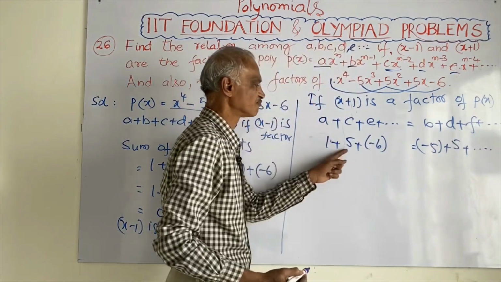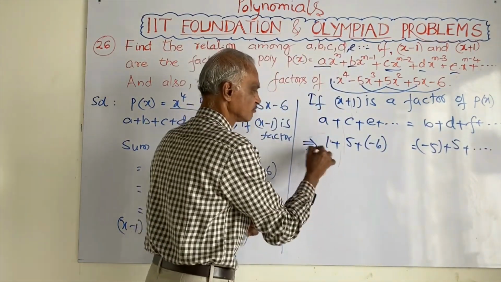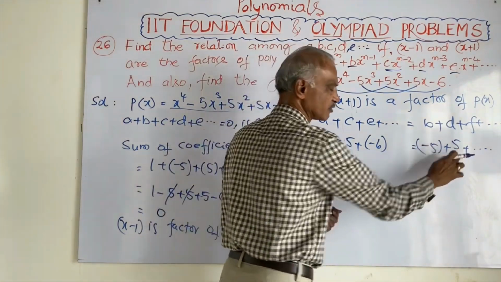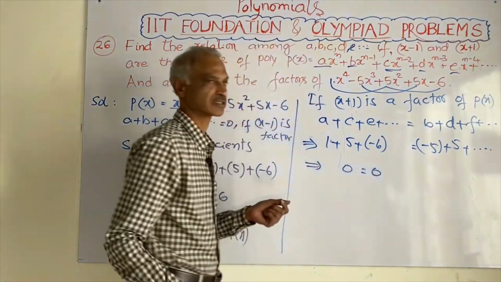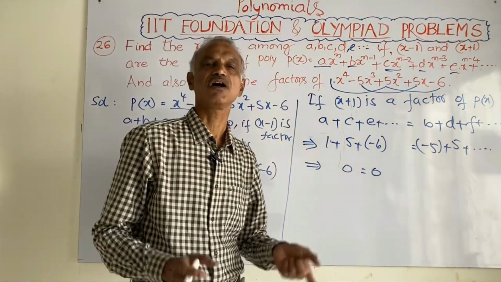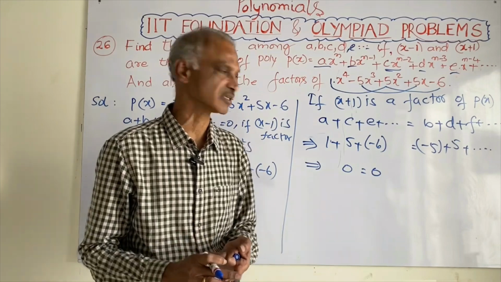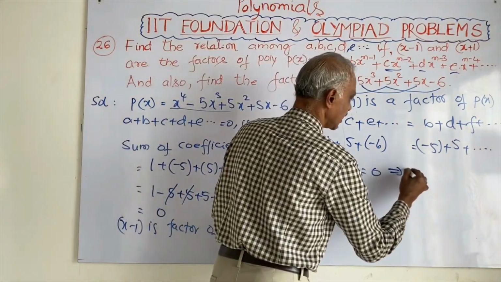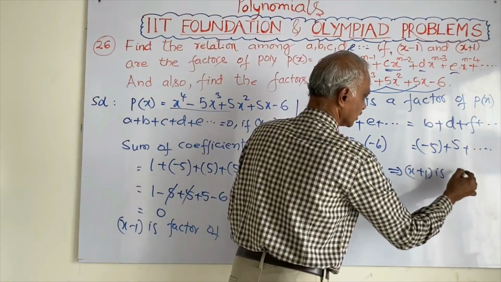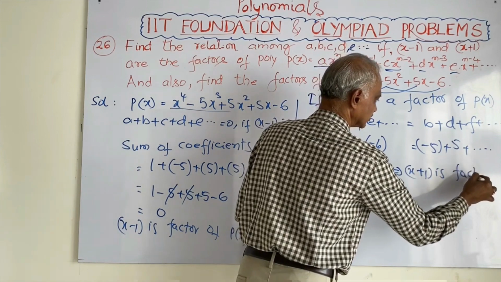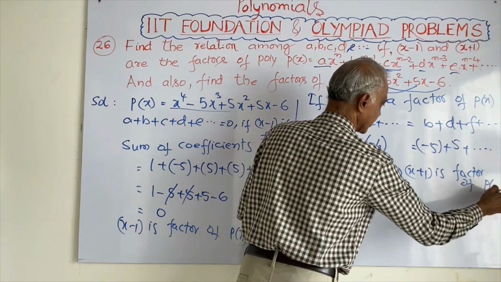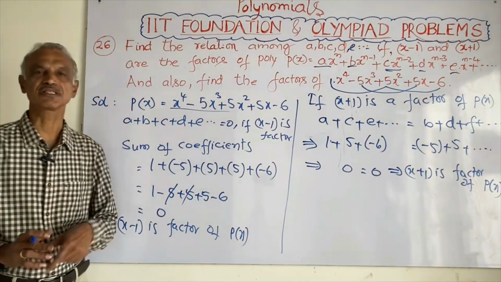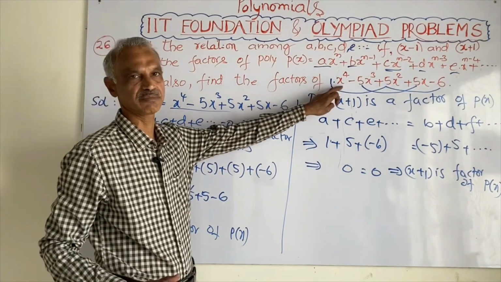So 5 plus 1 is 6, 6 minus 6 is 0, and 0 is equal to minus 5 plus 5, which is 0. As the sum of the coefficients of even powers of x is equal to the sum of the coefficients of odd powers of x, x plus 1 is a factor of p of x. So x plus 1 and x minus 1 are two factors of this polynomial.